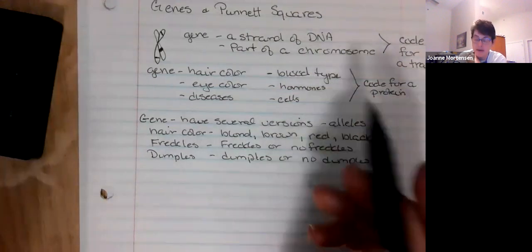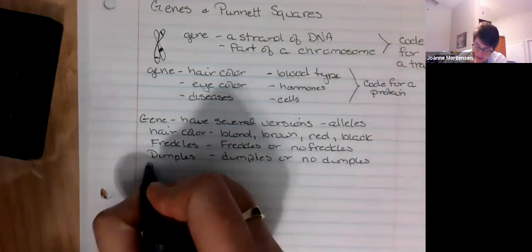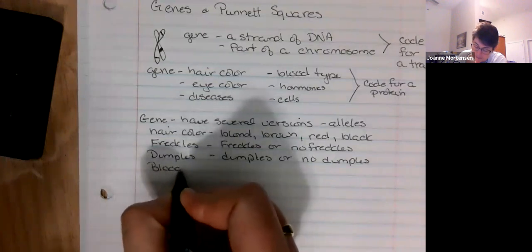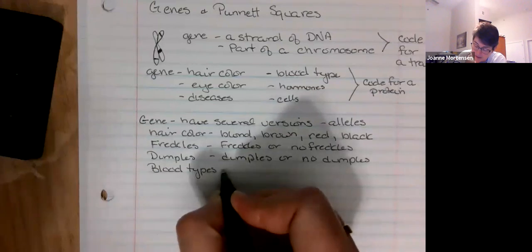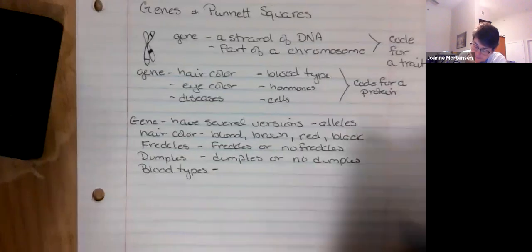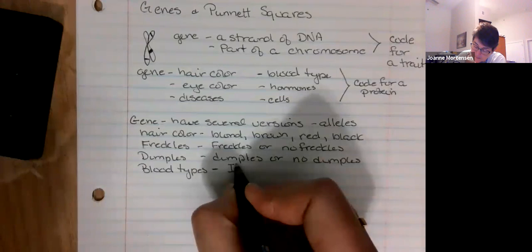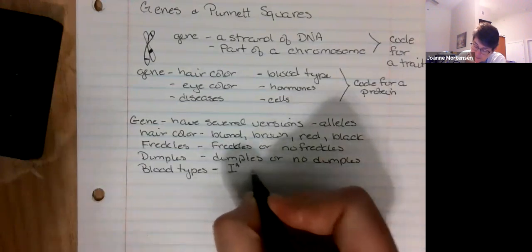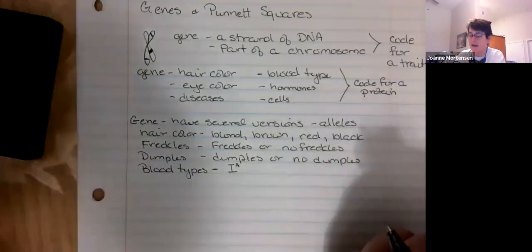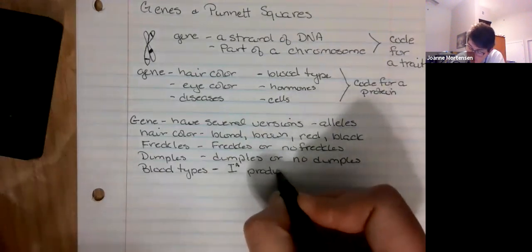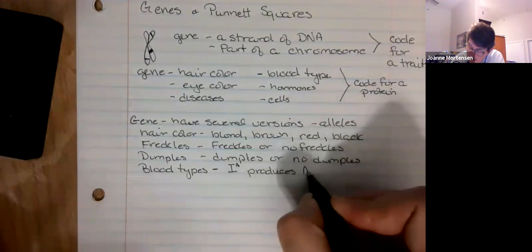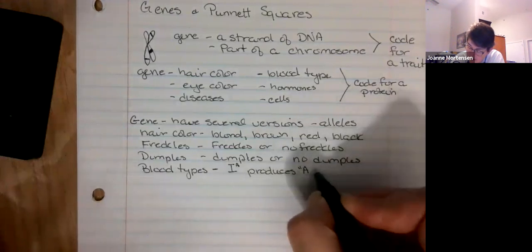Because I brought it up here, blood type specifically, in humans, there's 3 alleles. So there's one called IA, which produces A-type protein.